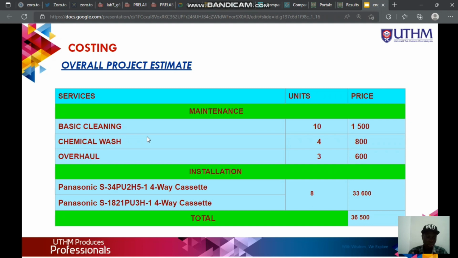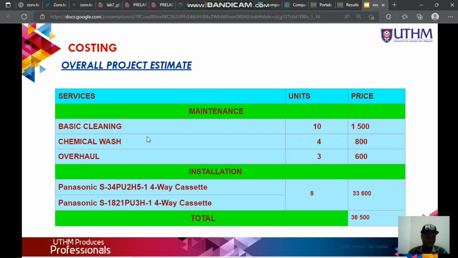The overhaul, meaning the total washing of both the external and internal parts of the air conditioner, for every 3 air conditioners that undergo overhaul maintenance, would be priced at 600 ringgit.